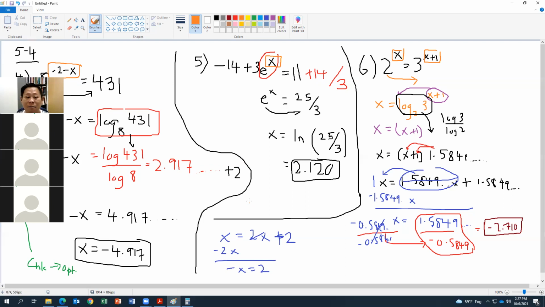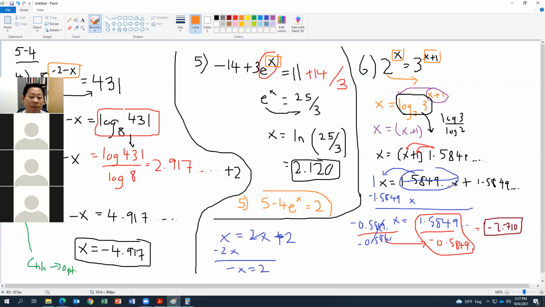Write this question down. I'm going to change number 5 to this number. 5 minus 4 e to the x equals 2. I want you guys to try this question.